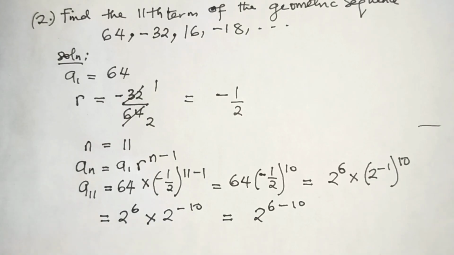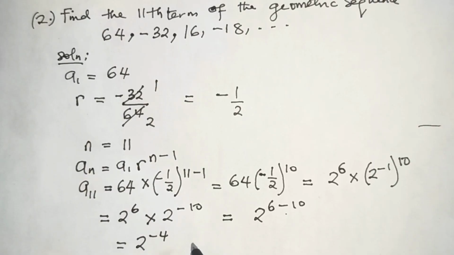We just applied one of the rules of indices. When numbers in the same base are being multiplied, you simply add the powers or the exponents. So that's what we did here. 6 minus 10 will give us minus 4. 2 raised to power minus 4.